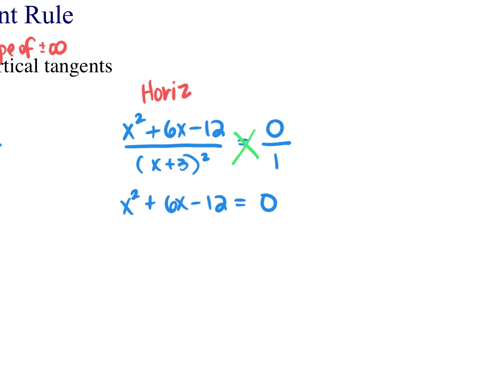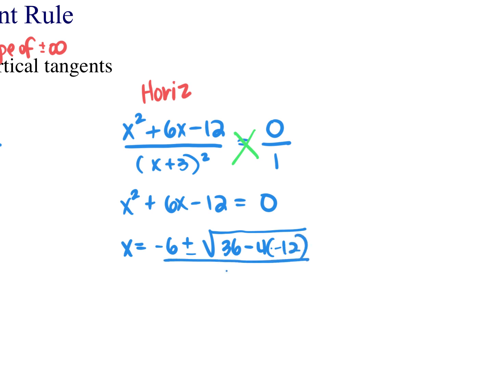Okay, can I factor this one? No. So then I will need the other song, x equals negative b plus or minus the square root of b squared minus 4ac, all over 2a. If we have the quads program on our calculator, can we just plug it into that program? If it's a calculator section, you're allowed to use programs. So that'll be 36 plus 48, all over 2. Okay, 36 plus 48 is 84.